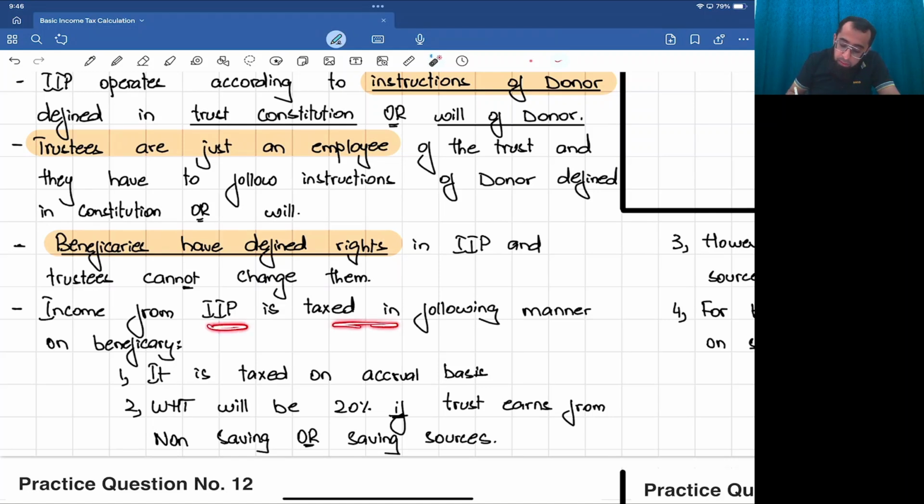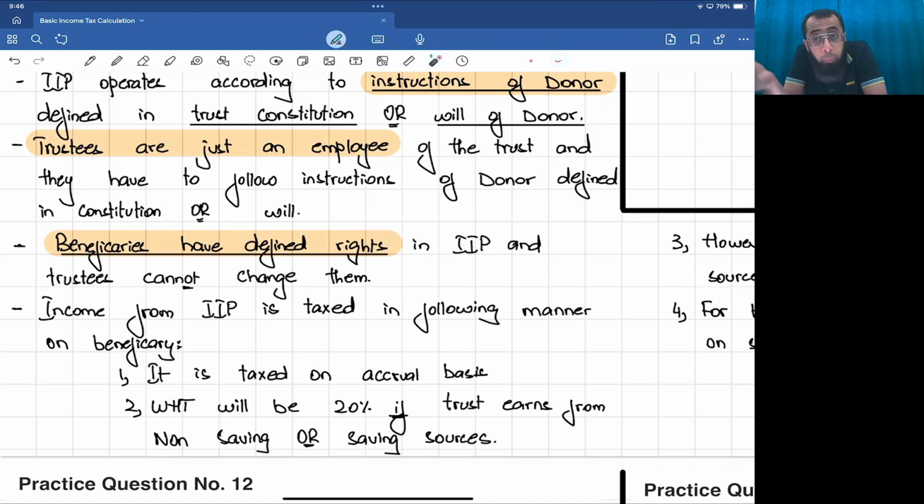Income from IIP is taxed in the following manner. It's taxed on an accrual basis because they have the defined rights. Every year, their income will get accrued and the tax will be charged. Withholding tax will be 20% if the trust earns from non-saving or saving sources. What do you mean by this? See, if the trust earns from any business, trading income is non-saving income.